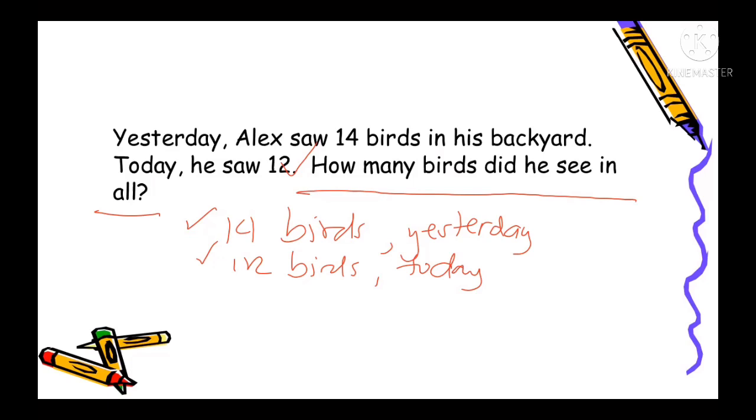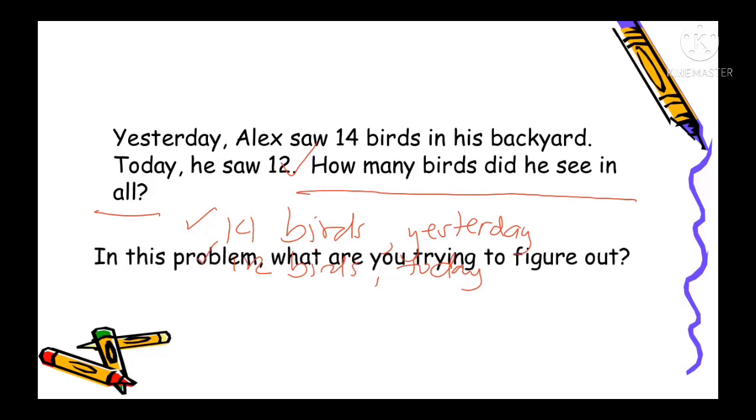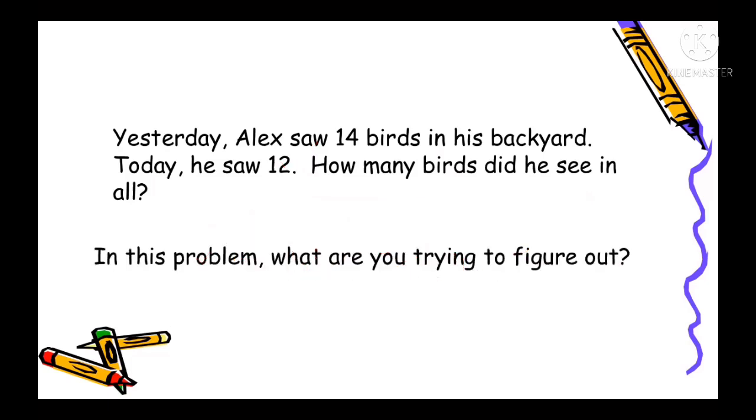Remember our step one, we need to understand the problem. How? Let us identify the given and the question. We have the given here, 14 and 12 birds. And how many birds did he see in all? So in this problem, what are you trying to figure out?